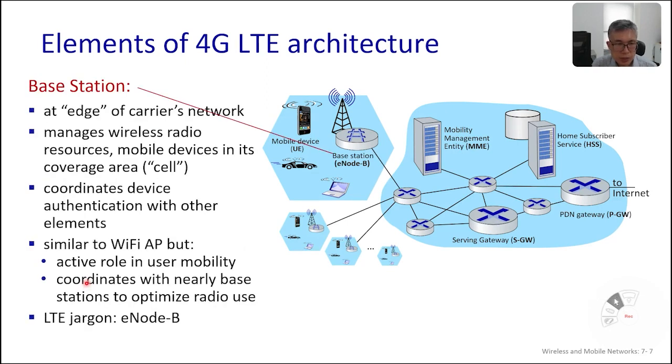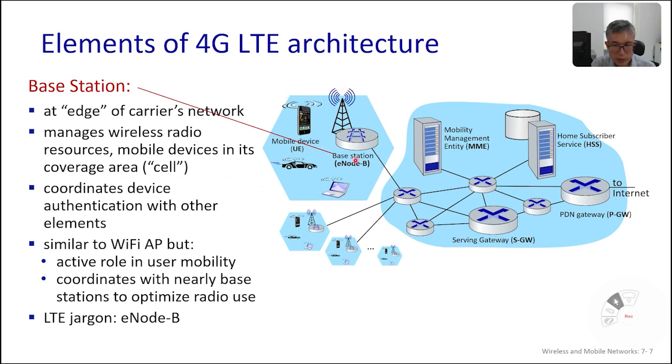The base station is the edge device located at the edge of the carrier's network. It manages wireless radio resource allocation for mobile devices in its coverage area, called the cell.